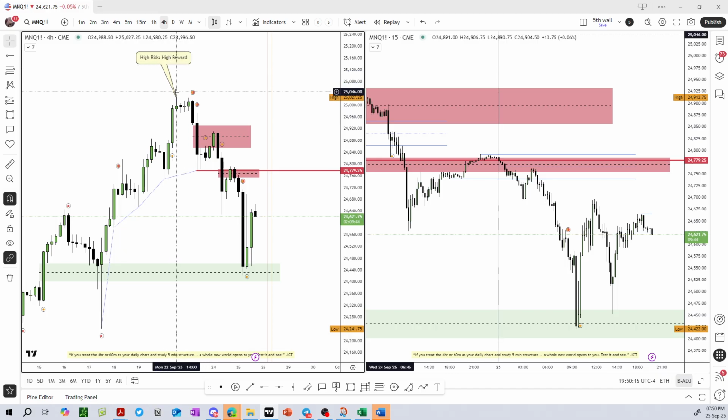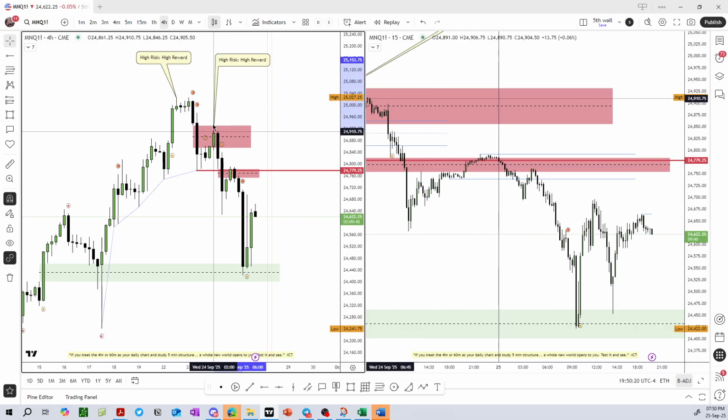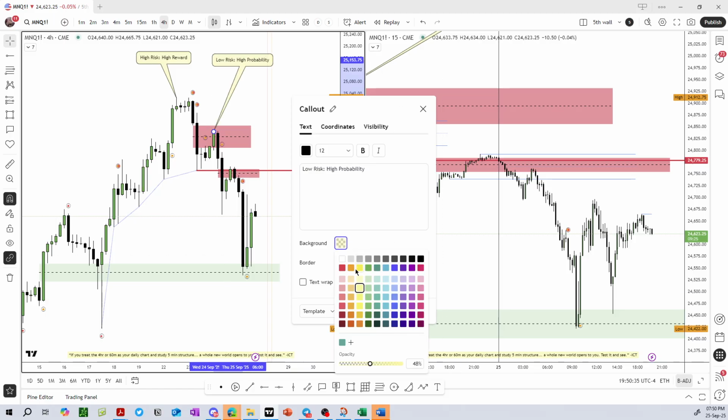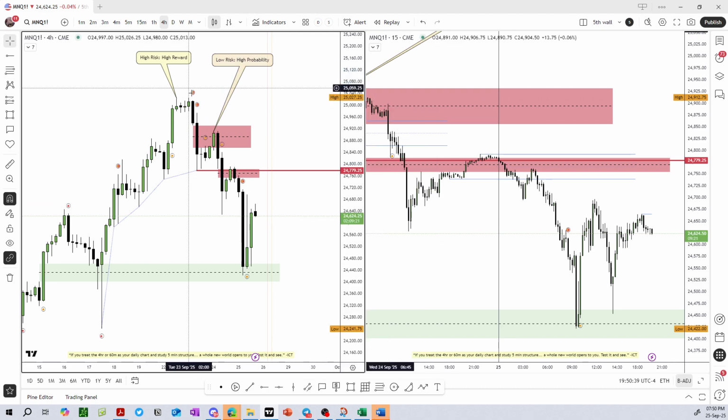Turtle soup. This would be your low risk, high probability entry. And it's obviously conditional, right? Obviously, price has already shown a willingness to go lower because boom, you have this balance range, and boom.